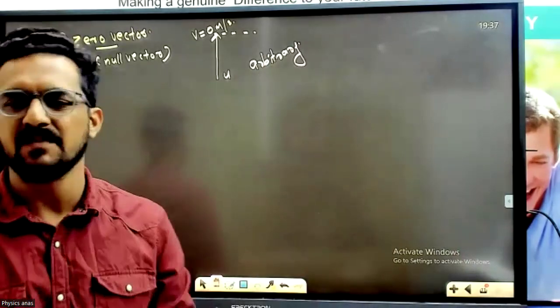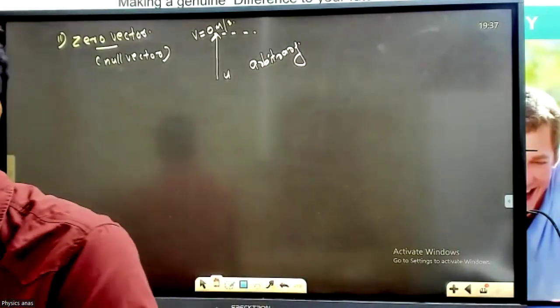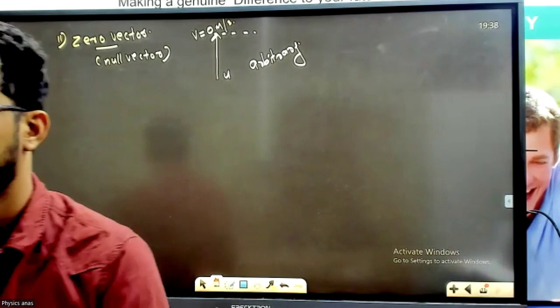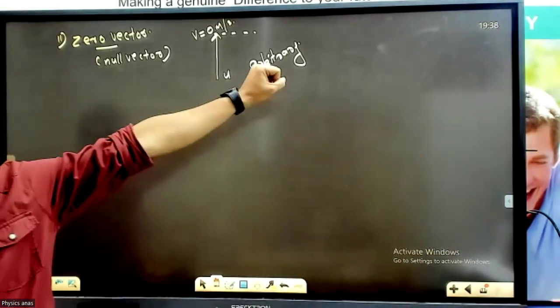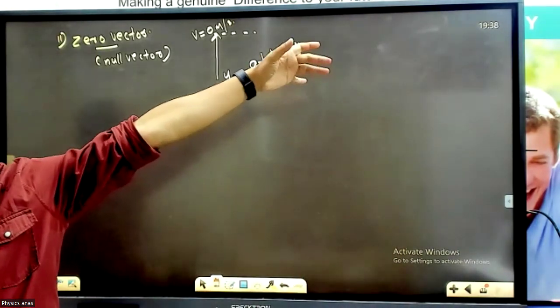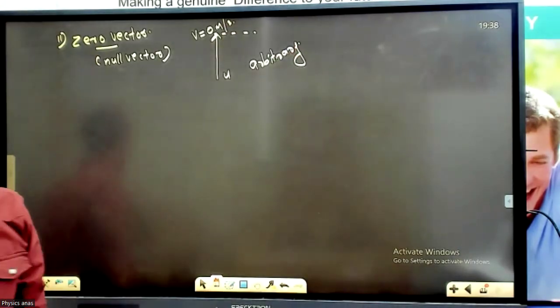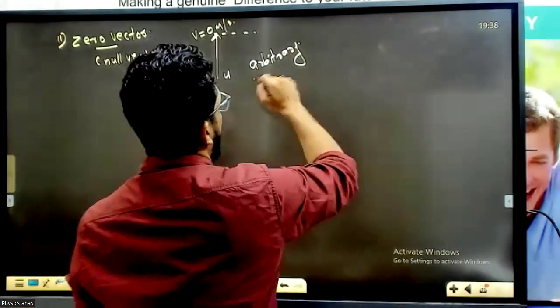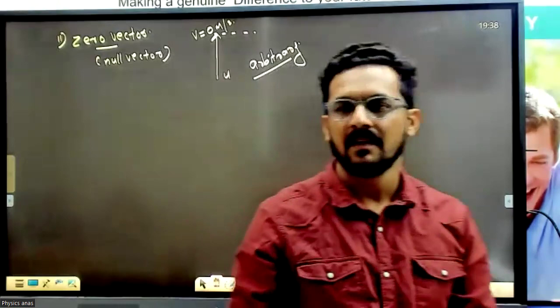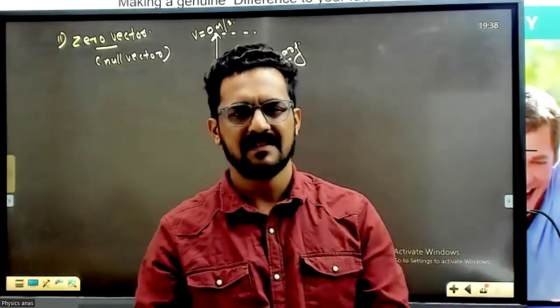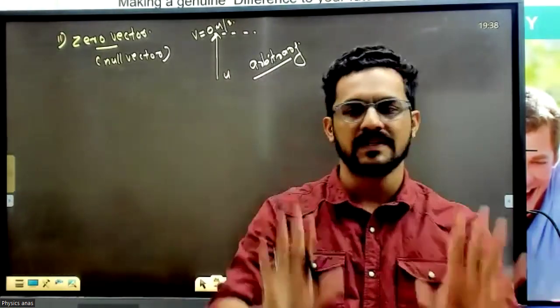Arbitrary means random choice; it is based on random choice. You will be seeing this word in many places, so you have to learn this one. Arbitrary direction, that's a direction of your choice.